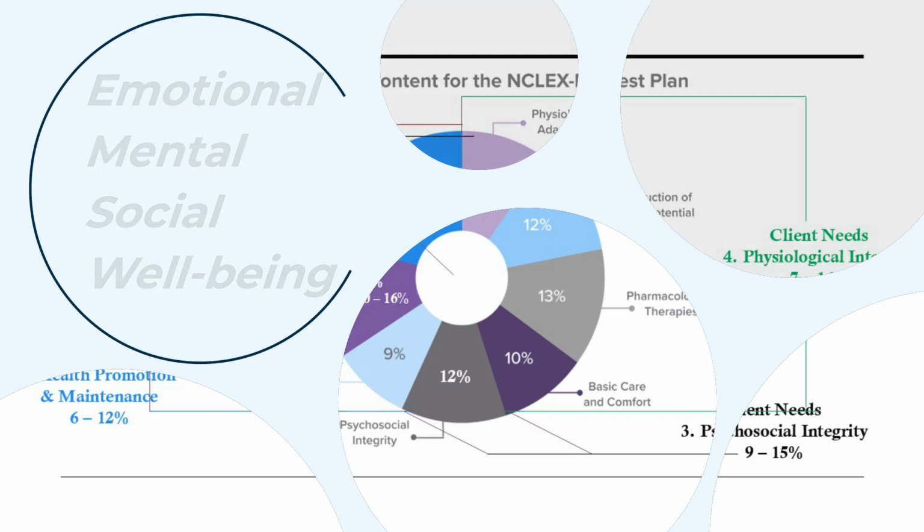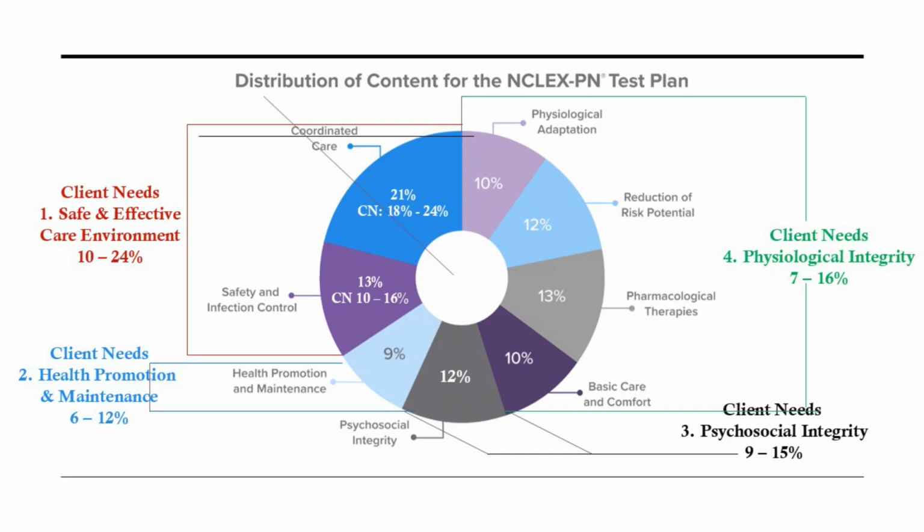And the fourth main category that the NCLEX tests is physiological integrity. This is a core category that focuses on the nurse's role in maintaining the patient's physical health and well-being.